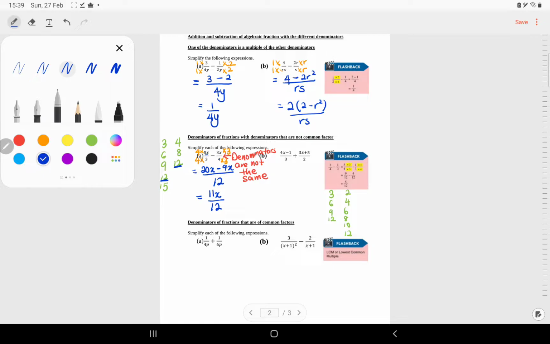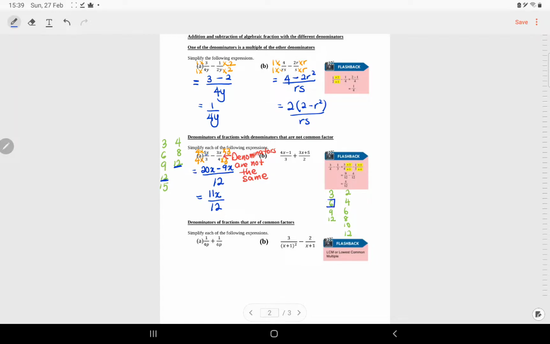My lowest common multiple is 6. I know I have 12 there, and if we carry on there will be more common multiples, but I just want the lowest common multiple, which is 6. So we can have a common denominator of 6. Or the second way of doing it, like I said, is to take the product of the denominators 3 and 2, which would be 6.